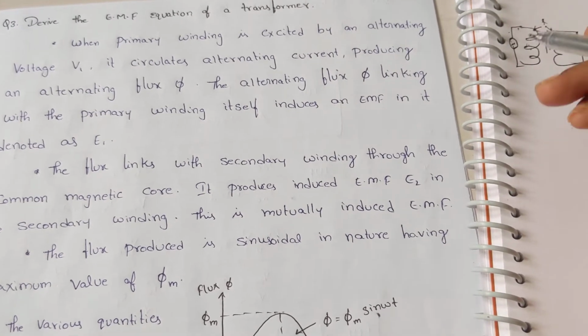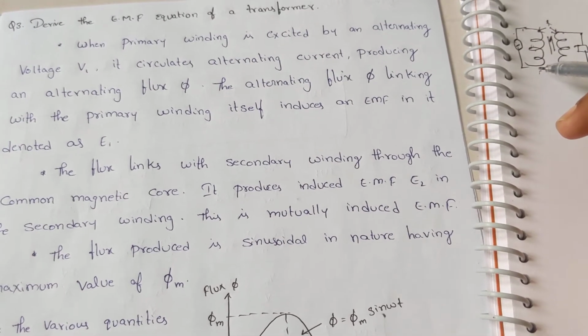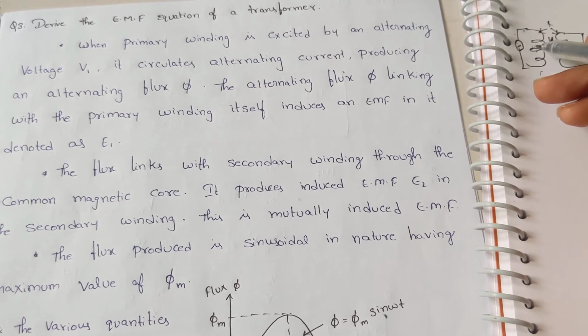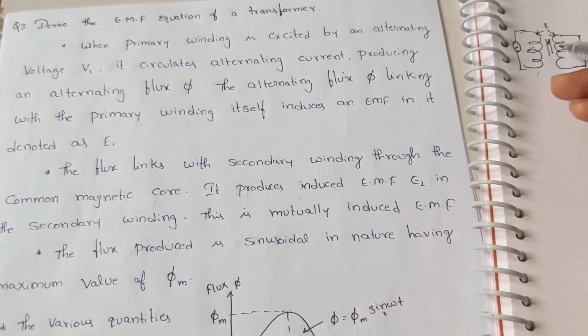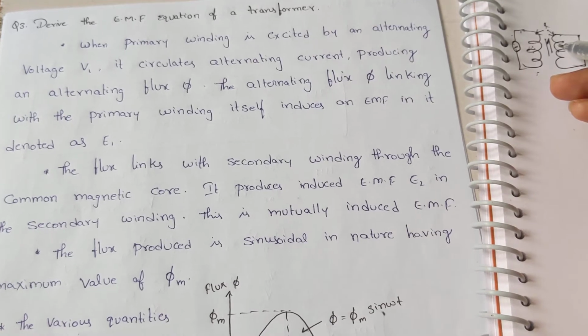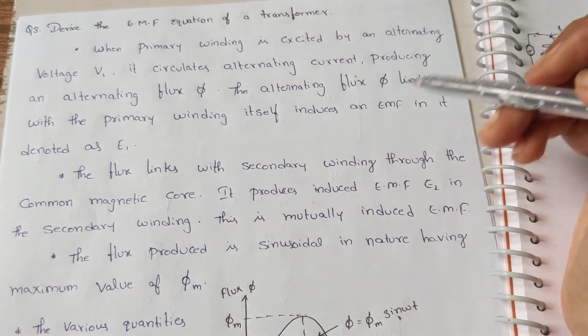Mutual inductance is the principle behind transformer working. Whenever the flux in the primary coil cuts the secondary coil, it induces an EMF.